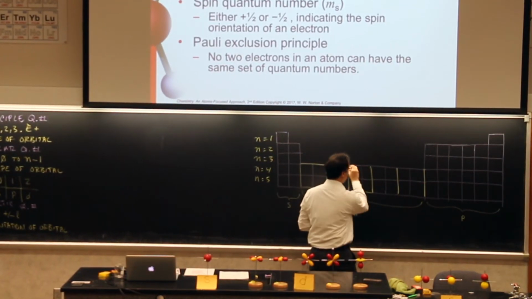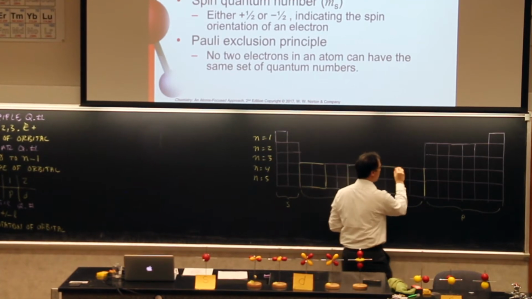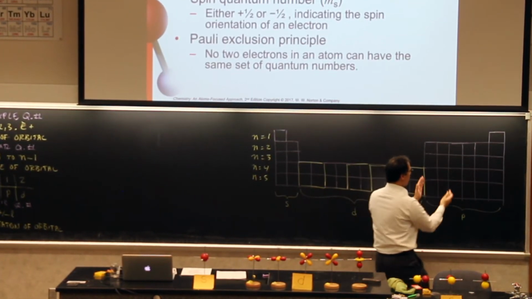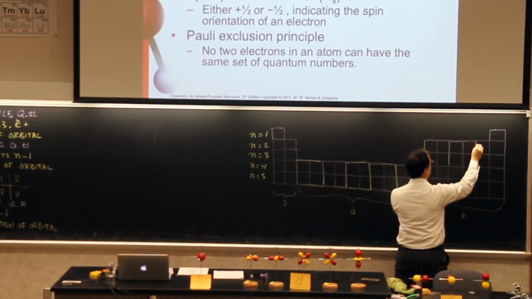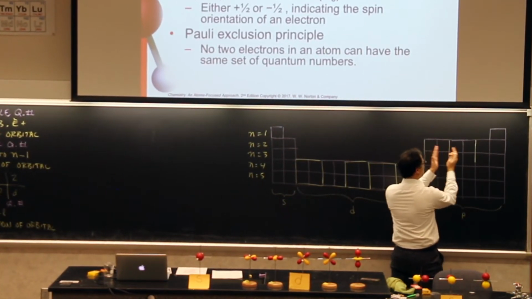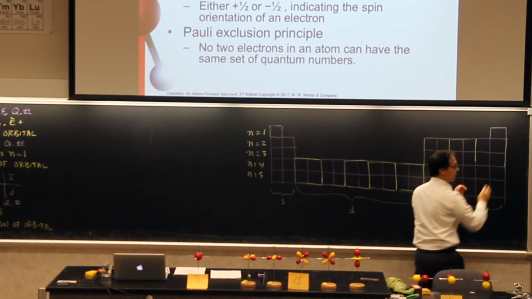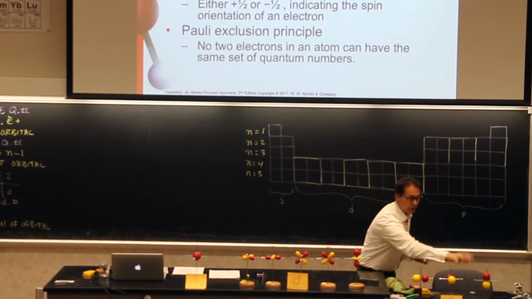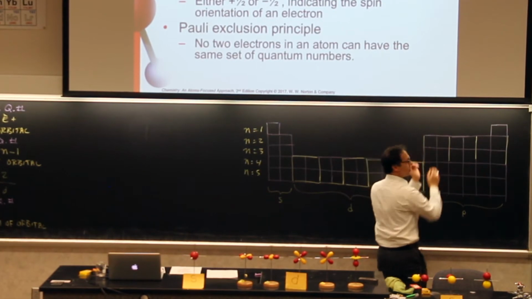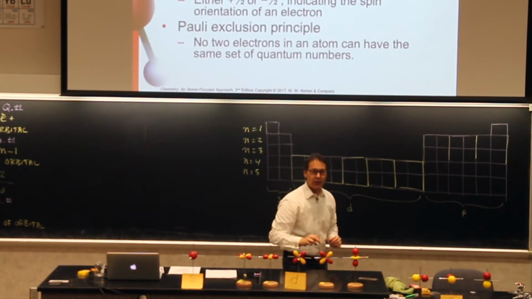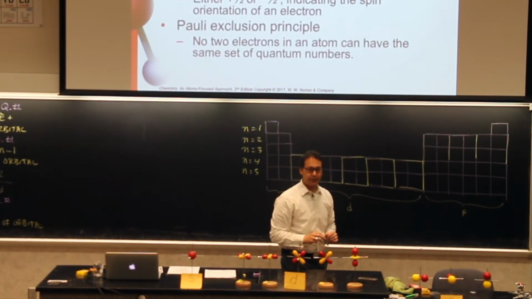Okay. And then the same thing happens with our p orbital. There's 1, 2, 3 different orientations. So there's 2 boxes for each one of these orientations.